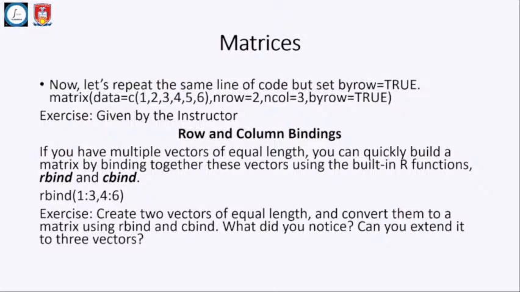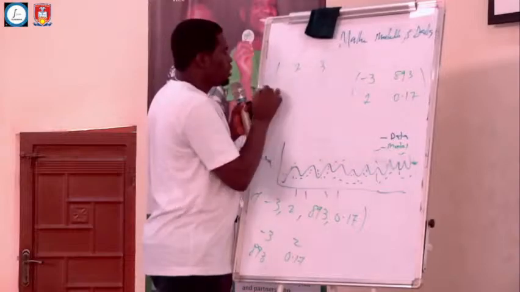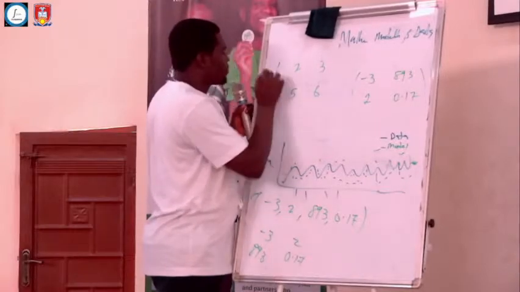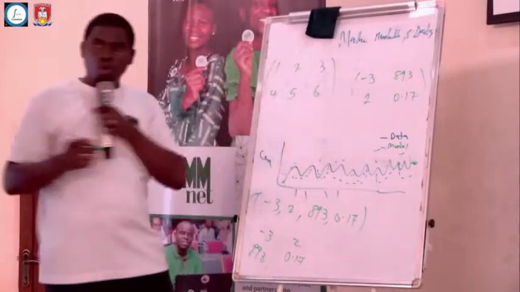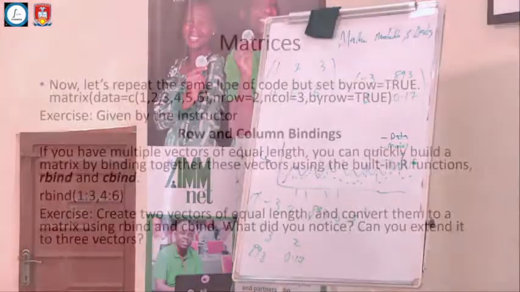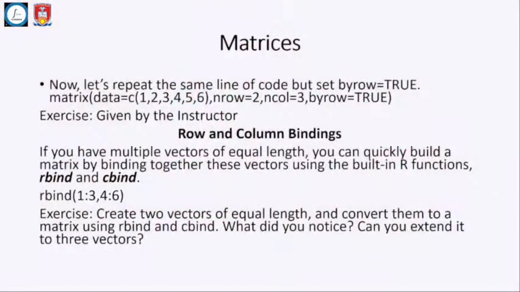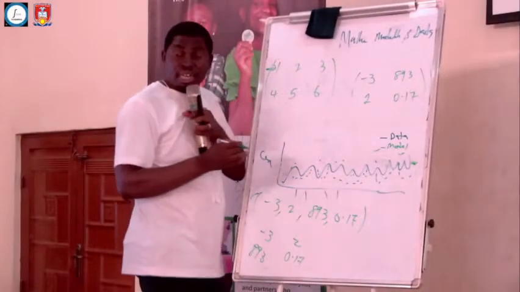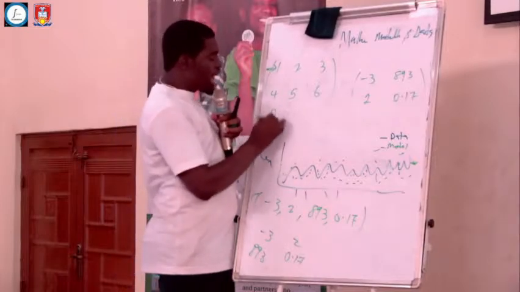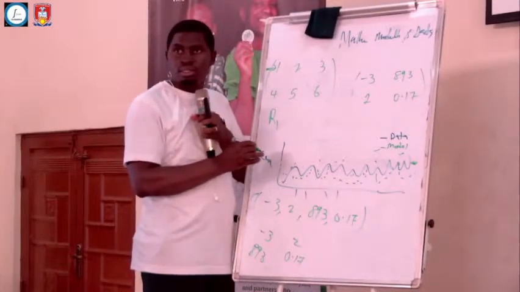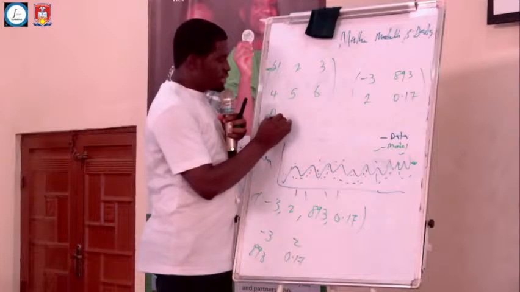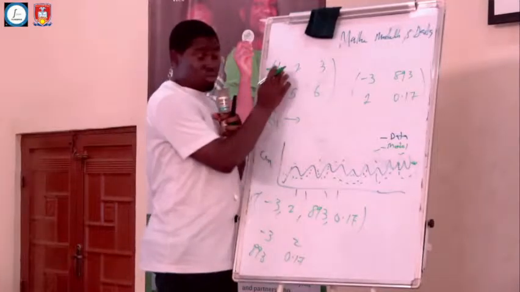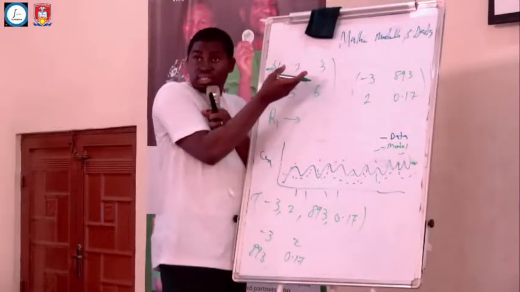So if you have, for instance, 3, 4, 5, 6, another way I can go is to create each of the rows differently and say, this is row 1. I may call it R1, for instance.